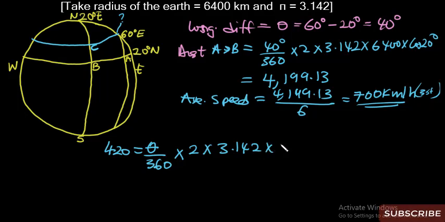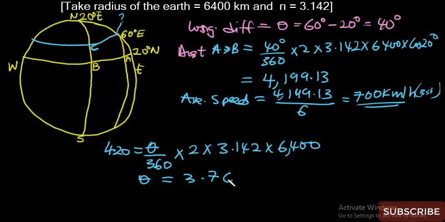This time around we just have the big radius, 6,400. If you punch this in your calculator, we have theta equals 3.76 approximately. We have not yet arrived at the latitude of C.